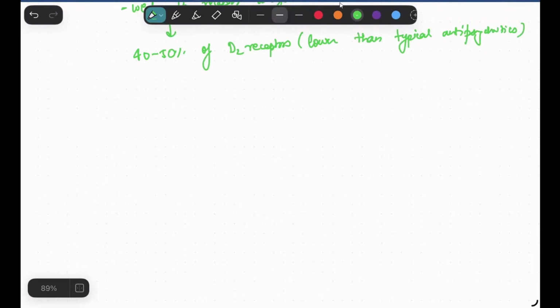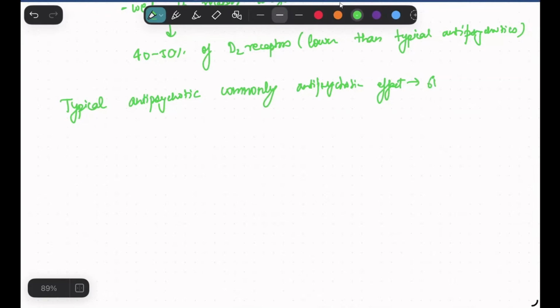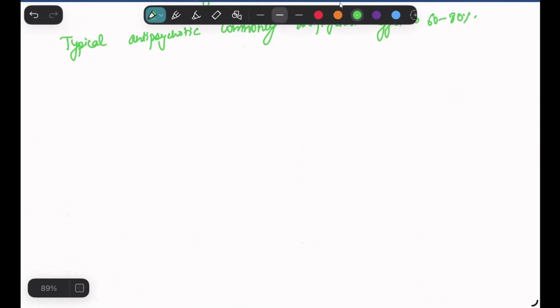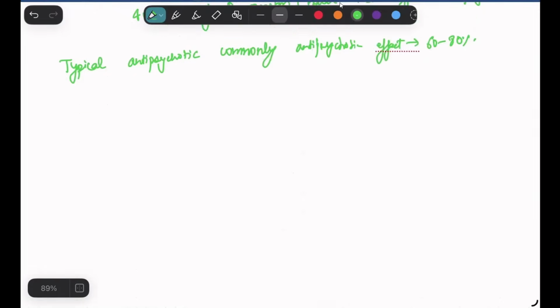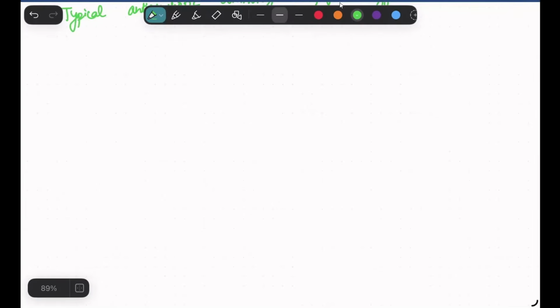What we know is that typical antipsychotics commonly produce an antipsychotic effect when the occupancy is around 60 to 80%. But what is important in clozapine is that it shows the antipsychotic effect even at 40 to 50% occupancy.